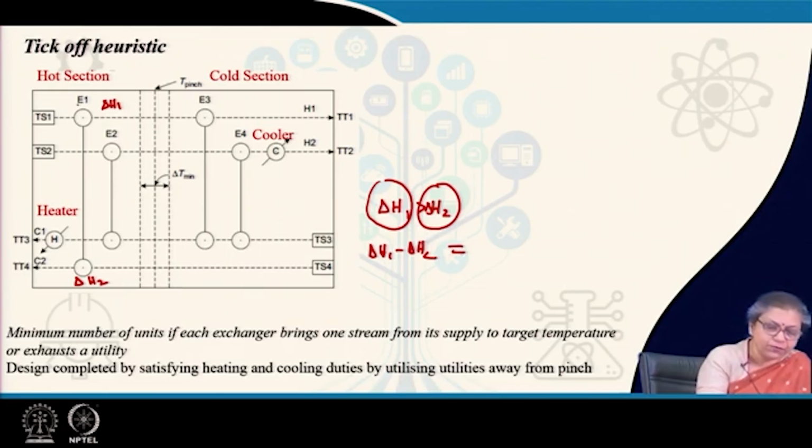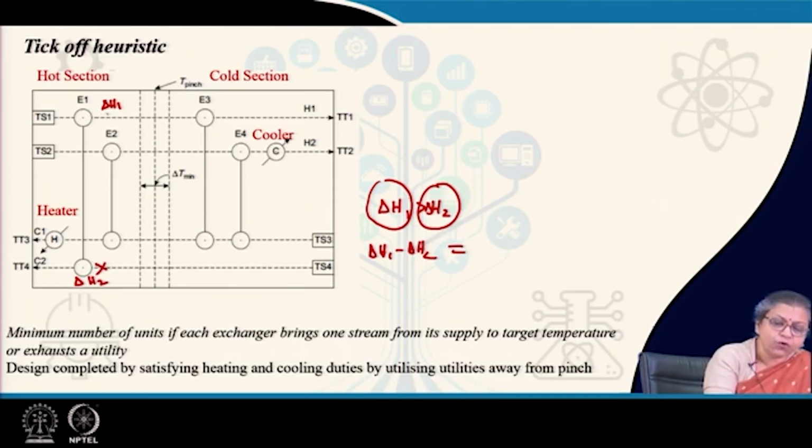Whenever we place a heat exchanger, in order to ensure the minimum number of exchangers, maybe it will add to the area, but for the minimum number of exchangers the heat exchanger has to nullify one particular stream, or in other words, it has to take up the complete amount of heat from the stream which has the lower amount of heat. Suppose in this case this stream has been nullified, the entire heat has been taken up.